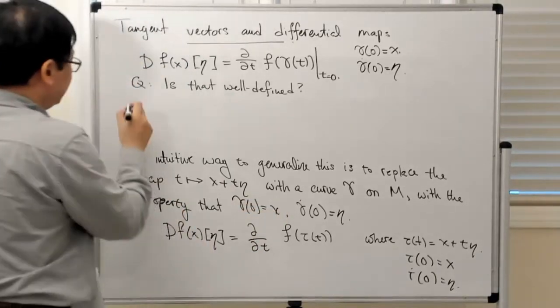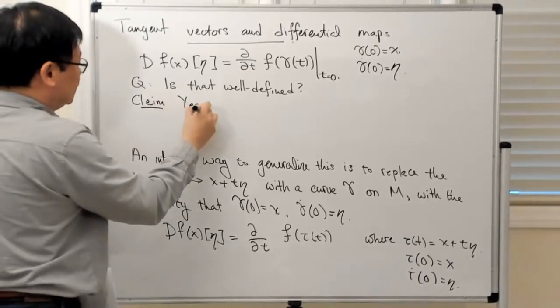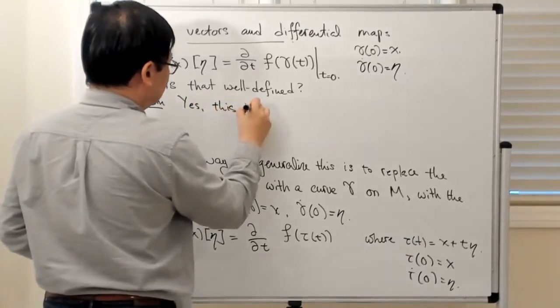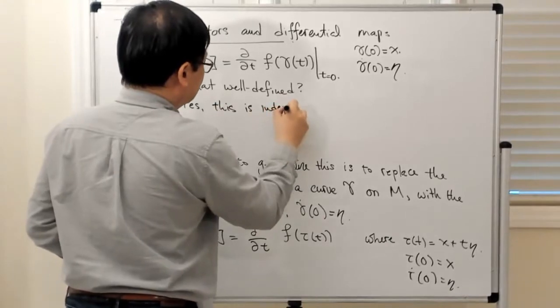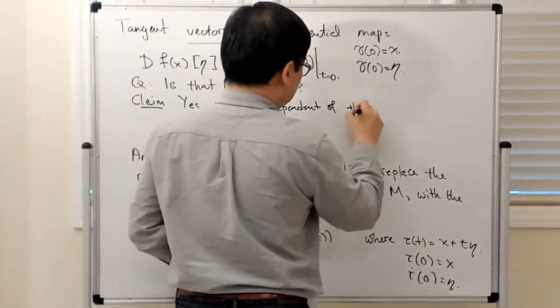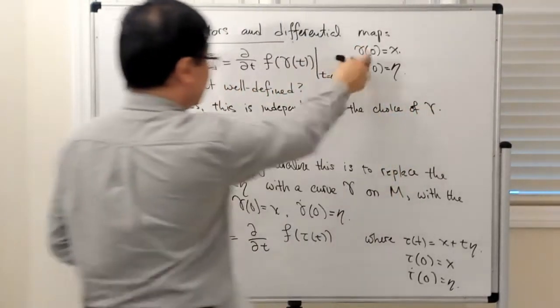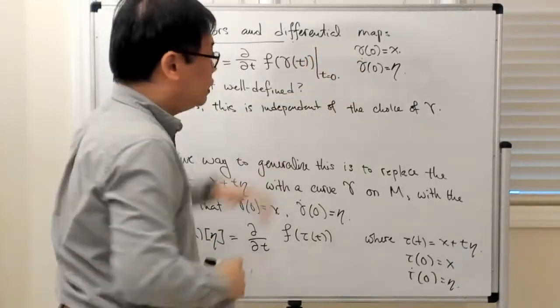So the claim is that yes, this is independent of the choice of gamma, as long as gamma satisfies these two conditions.